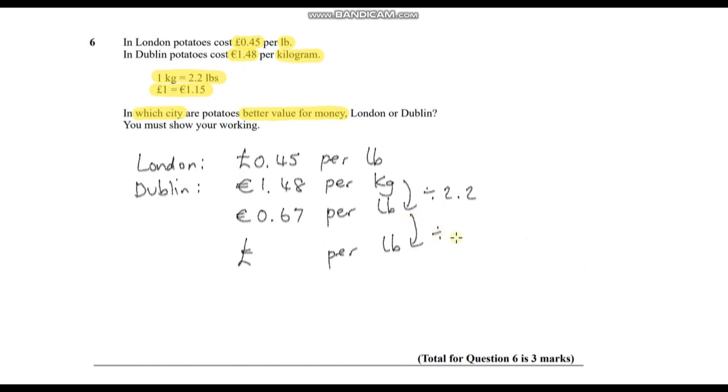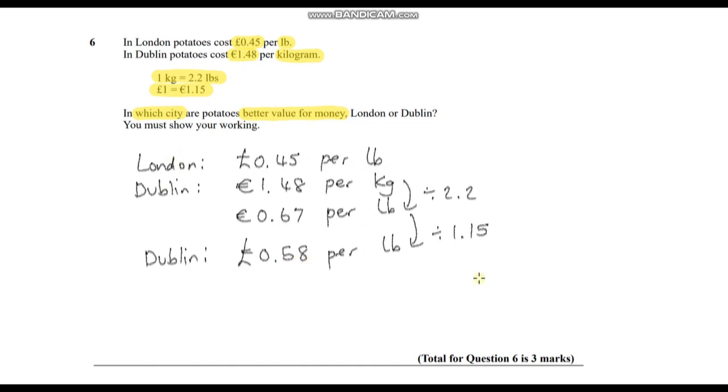I'm just going to do answer divided by 1.15 because it's still stored in my calculator. And I get 0.58, rounded to 2 decimal places. So let's just make sure that is in Dublin. London is 45 pence per pound. Dublin is 58 pence per pound. So which one is cheaper?